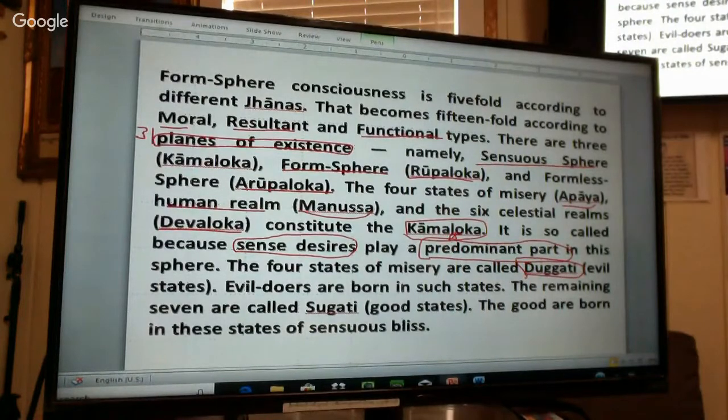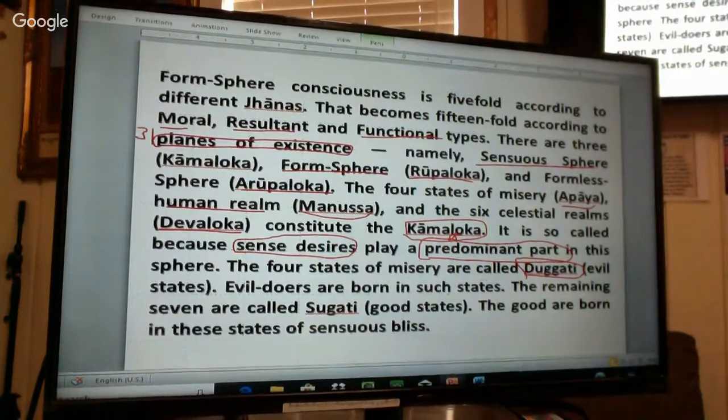Four woeful states: hell, animal kingdom, hungry ghosts, and demons. We call them Dukkati. Du means evil. Kati means that kind of state. So evildoers are born in such states.